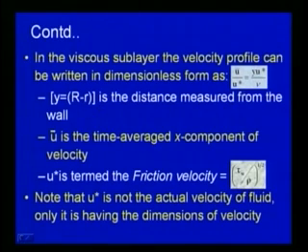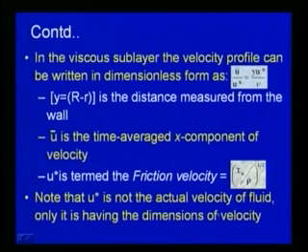And u bar is the time average x component of the velocity, and this u star is the friction velocity or the shear velocity, u star is equal to square root of tau w by rho. With respect to the shear velocity, we can show that in the viscous sublayer the ratio of the mean velocity to the shear velocity can be written as y u star by nu.